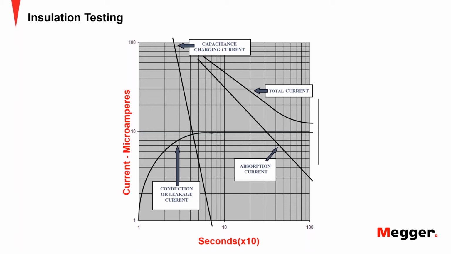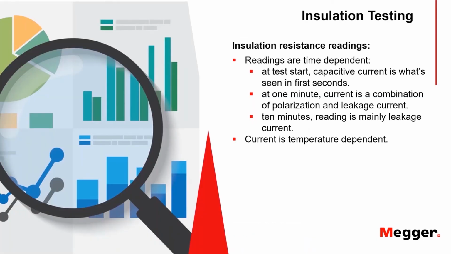But on big equipment, that can take a rather long time, and you may not want to have to test for that long. When we get to next week, when we go to procedures, we'll show you how to deal with that. Okay, so that's a quick summary of what the currents are doing against time.